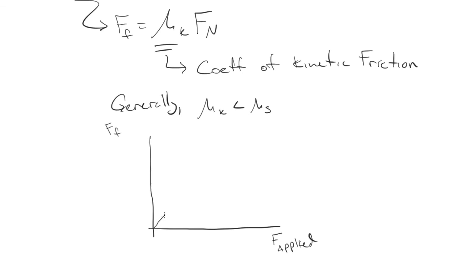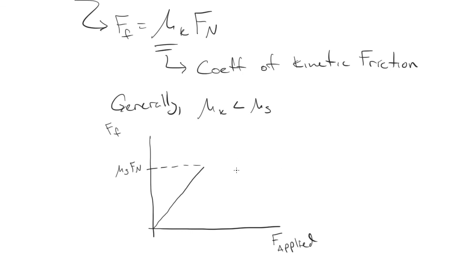As you push, the force due to friction is going to increase as you push so that the object doesn't move. All right? It's going to continue to increase. The object is not moving. This is sort of the realm of static friction. That will happen until you reach some point, which is the maximum value of static friction. So this value right here is mu sub s times the normal force.